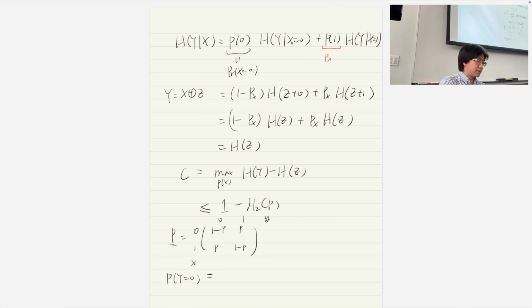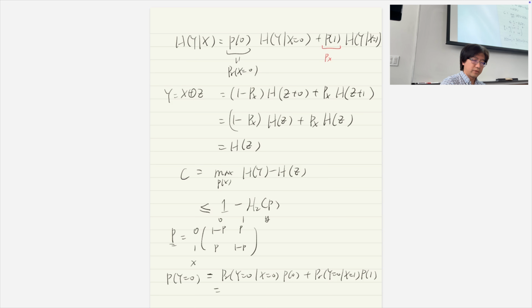The probability that y equals 0 is the probability that y equals 0 given x equals 0, times the probability that x equals 0, which is p0, plus the probability that y equals 0 given x equals 1, times the probability that x equals 1. Now let's assume a uniform distribution.